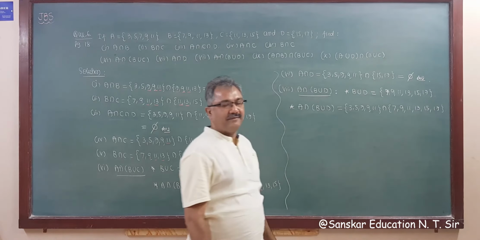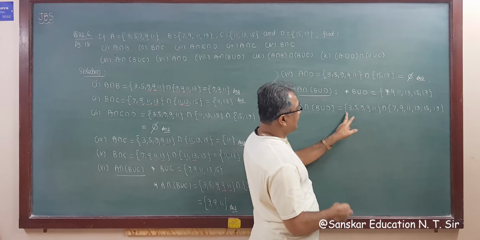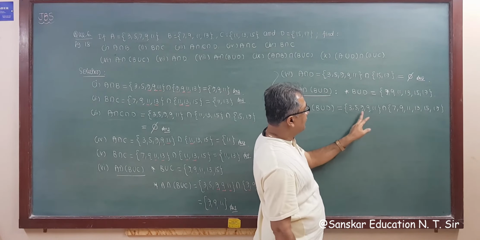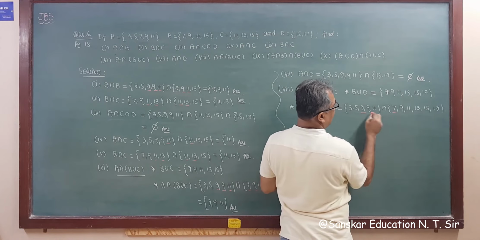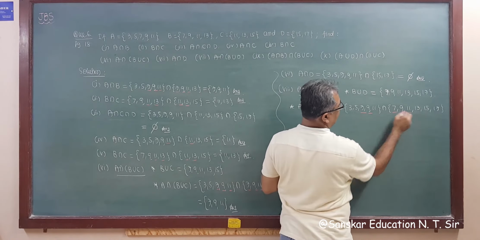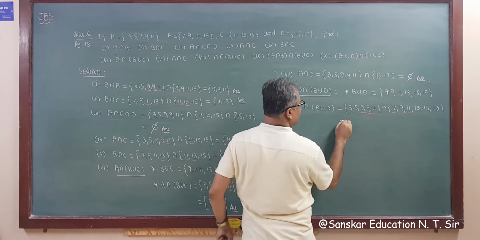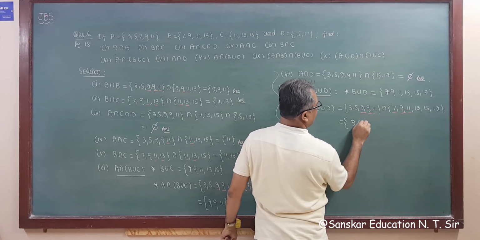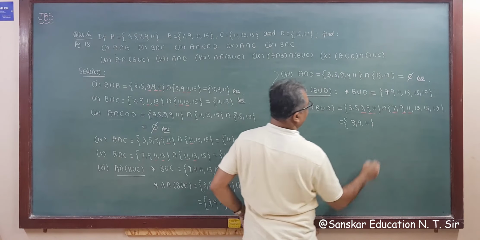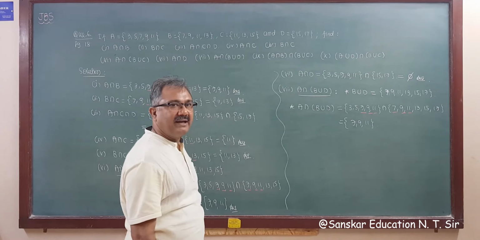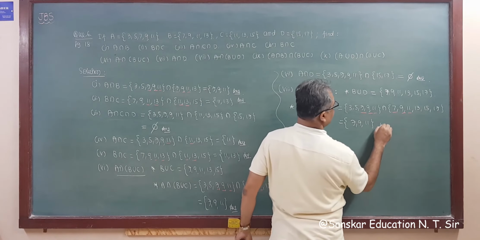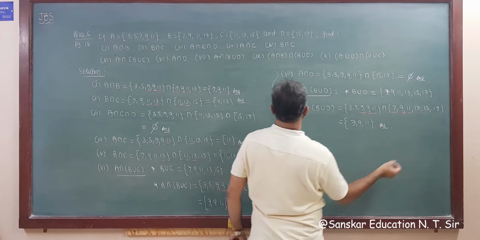We have to find the intersection of these two sets, meaning the common elements from these two sets, right? Is 3 there? No. 5? No. 7? Yes. 9? Yes. 11? Yes. So the answer will be 7, 9 and 11. So this is your answer.